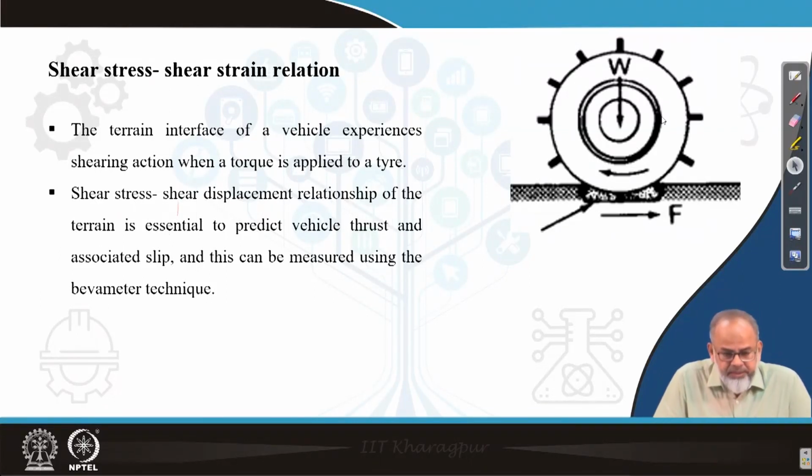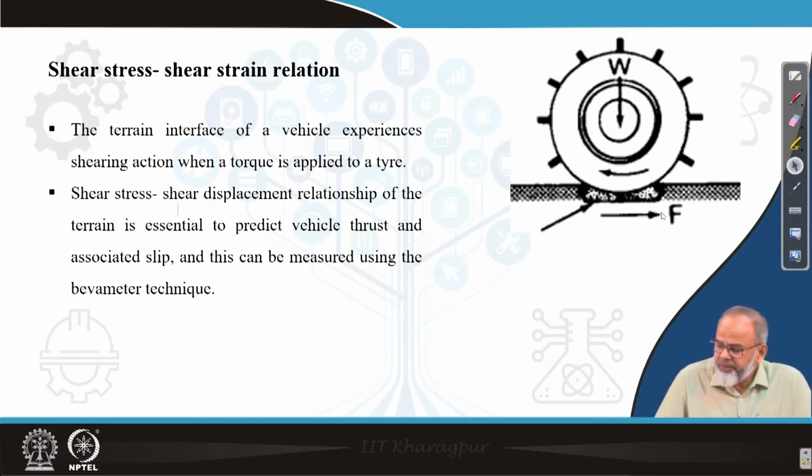Now, the shear stress, why are you interested? Because the shear stress which is developed at the bottom, that is at the interface of the wheel and soil, is going to create the tractive effort. So, shear stress at different displacement has to be measured, or we have to find out the relationship between shear stress and shear displacement, so that we can find out how much thrust will be developed at different displacement values.